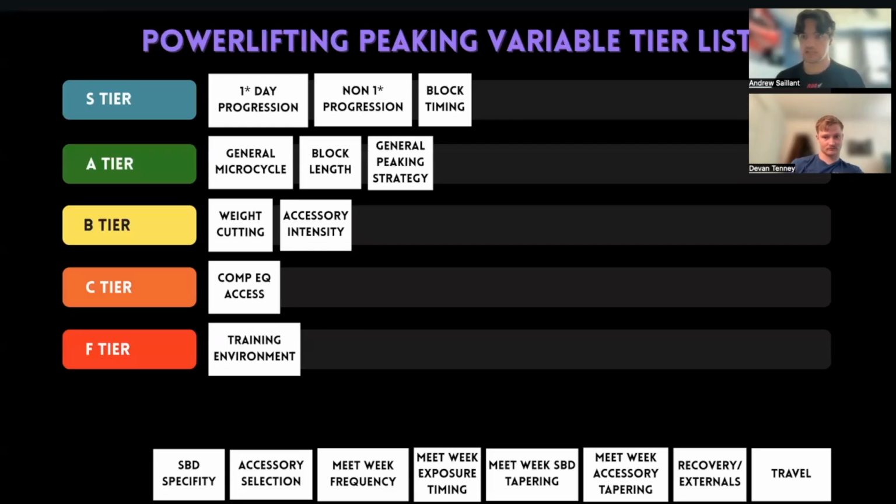If a variation is helpful for you for positional reasons, for load management reasons, then there's no need to change it just because you're quote unquote peaking.